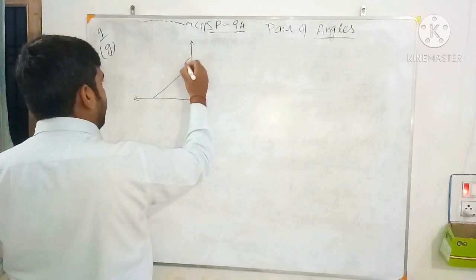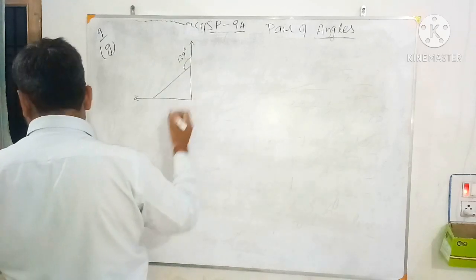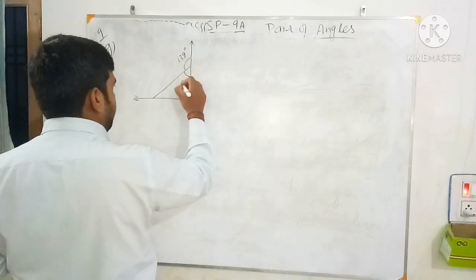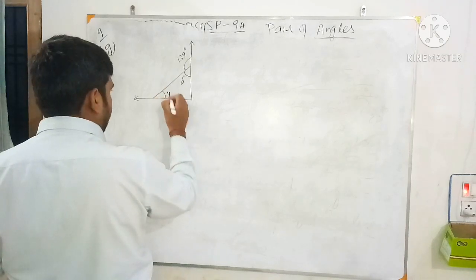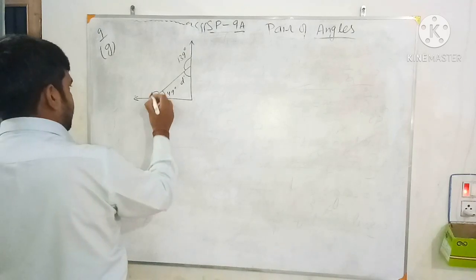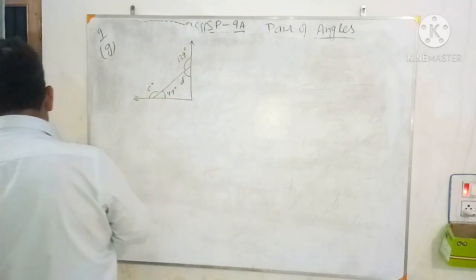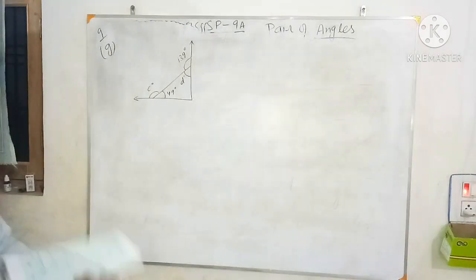And this angle is 139 degree. And this angle is D degree. This angle is 49 degree. And this angle is C degree, exterior. So we have to find these lettered angles C and D.